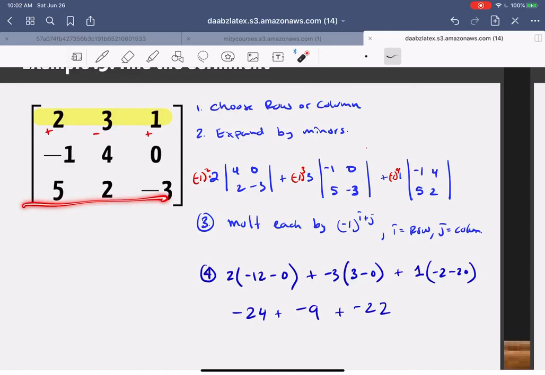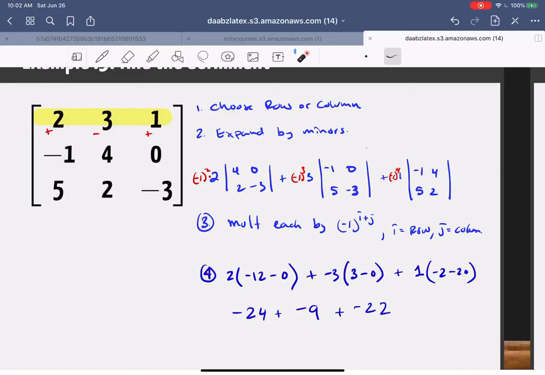Say you had expanded by this column or this row, you would have gotten the same number, or any one of the columns. In fact, that's a really good proof to do if you want the challenge. Prove why the determinant turns out to be the same no matter which row or column you expand by.